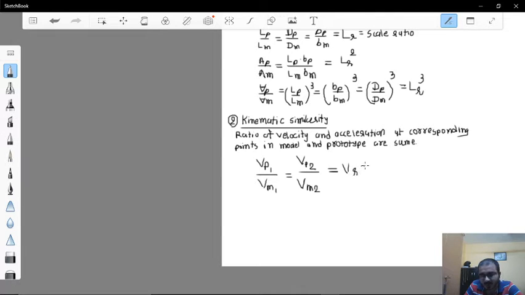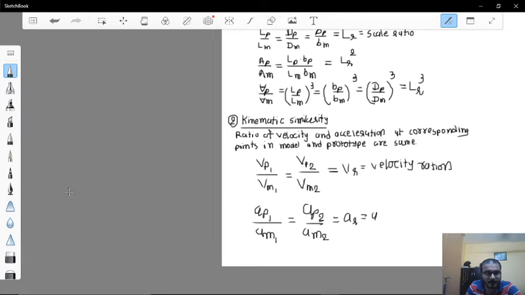So this will be equal to velocity ratio. Similarly, we can write down the same for acceleration: acceleration in prototype at point number 1 divided by acceleration in model at point number 1 is equal to acceleration in prototype at point number 2 divided by acceleration of model at point number 2 is equal to Ar, that will be equal to the acceleration ratio.